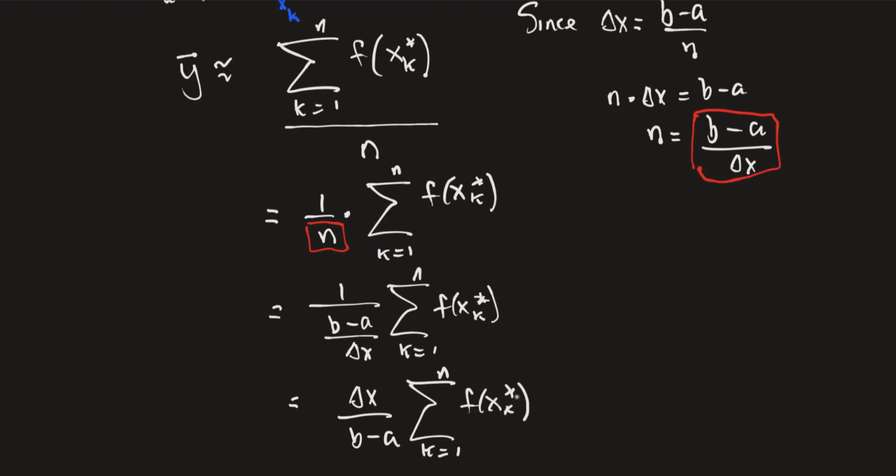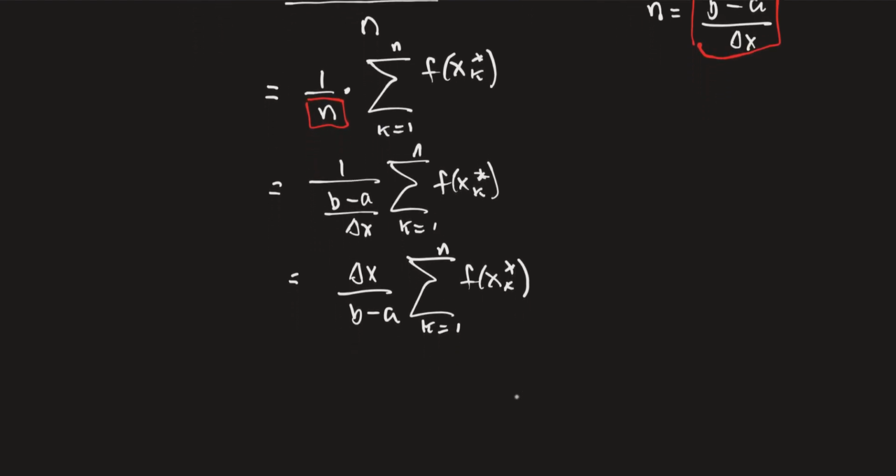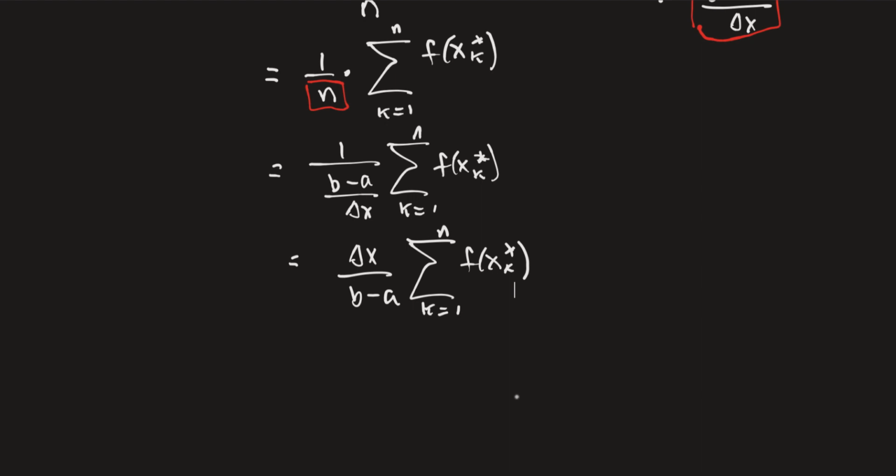Because the delta is a constant, and remember when we were doing our Riemann sums, there were times when it was convenient to factor out the delta and put it outside of the summation. Well, the same way we can factor it out, we can distribute it across the sum. So since delta x is a constant, I'm going to distribute it across the sum. That leaves 1 over b minus a in front of the sigma. And then take the delta and multiply the function values.